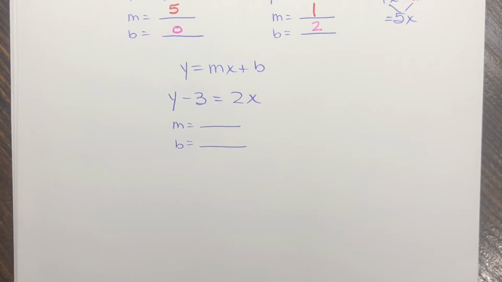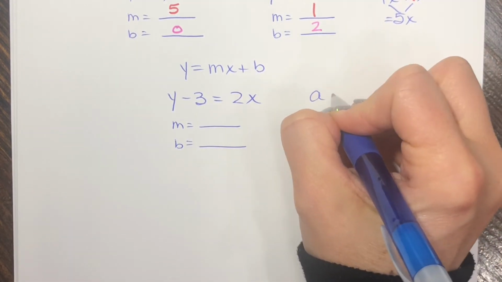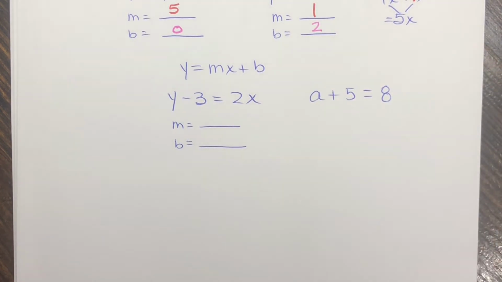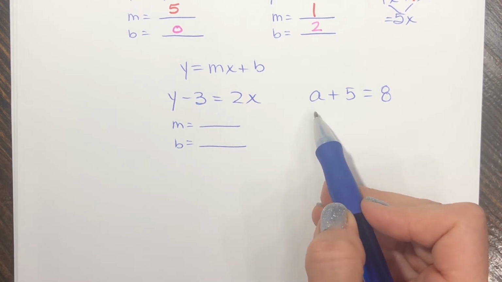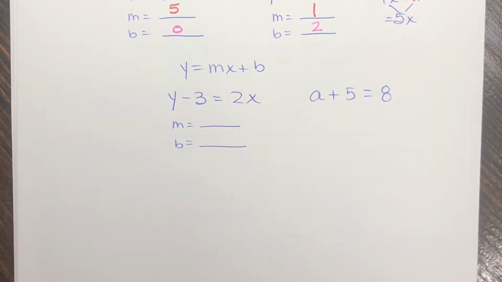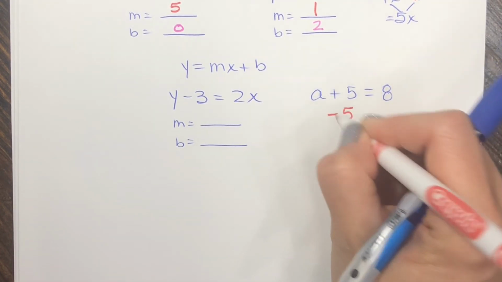I don't know if you remember back to when we solved equations, like if I said, I'm thinking of a number, I add 5 to it, and I get 8. What number am I? Well, you wanted to get a by itself, right? And we learned about some properties that said if you have an equation and you need to cancel something out, you use something called the inverse operation, and you said, I need that 5 gone.